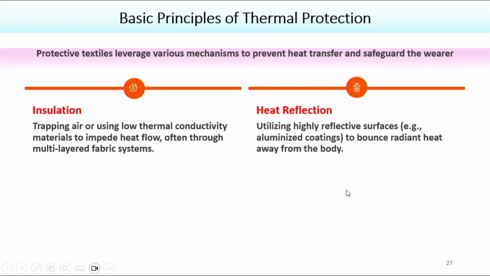Next is heat reflection, particularly for radiative heat. The radiant heat gets reflected, maybe using an aluminized coating. So, utilization of a highly reflective surface, say aluminized coating, bounces the heat back away from the human body.